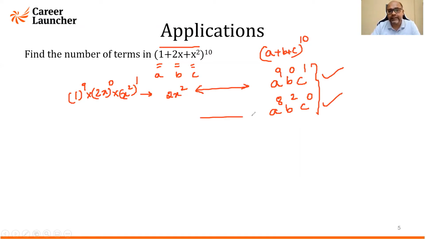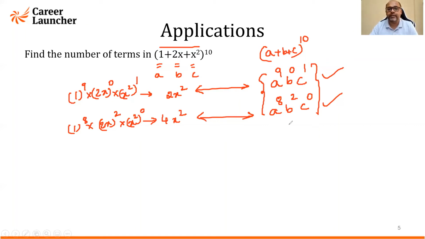Now look at the next term, a power 8, b square, c power 0. A power 8 becomes 1 power 8. B square becomes 2x whole square. And c power 0 becomes x squared to the power of 0. This becomes 4x squared.